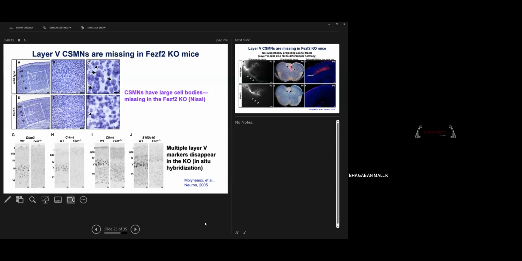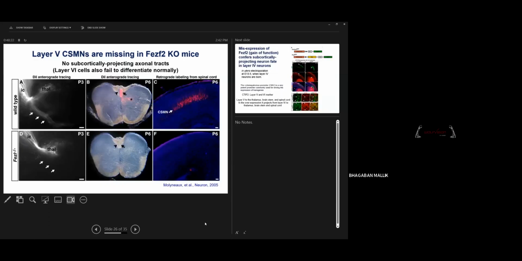This is RNA in situ hybridization data. So I showed what the different proteins are that are missing in the knockout mice of the FEZF2 transcription factor. When you have loss of FEZF2, I have shown what other markers and proteins are also missing in this neuron.